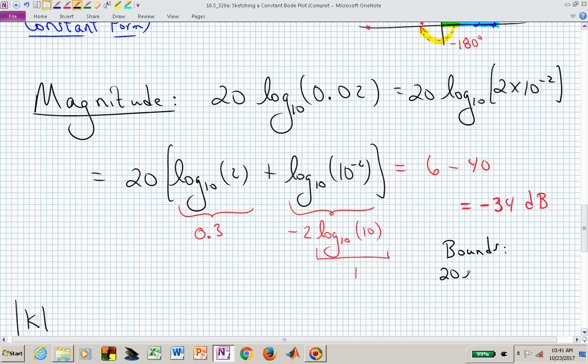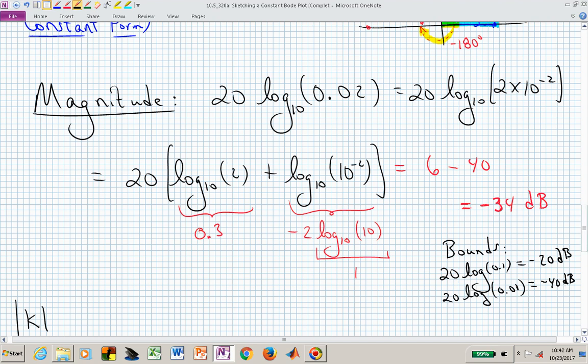If we looked at 20 times the log of 0.1, the log of 0.1 is minus 1, so that's minus 20 dB, and 20 times the log of 0.01, we're between those, we're at 0.02, but the log of 0.01 is minus 2, so this is now minus 40 dB. And now we've checked our work. Okay, minus 34 dB sounds about right.